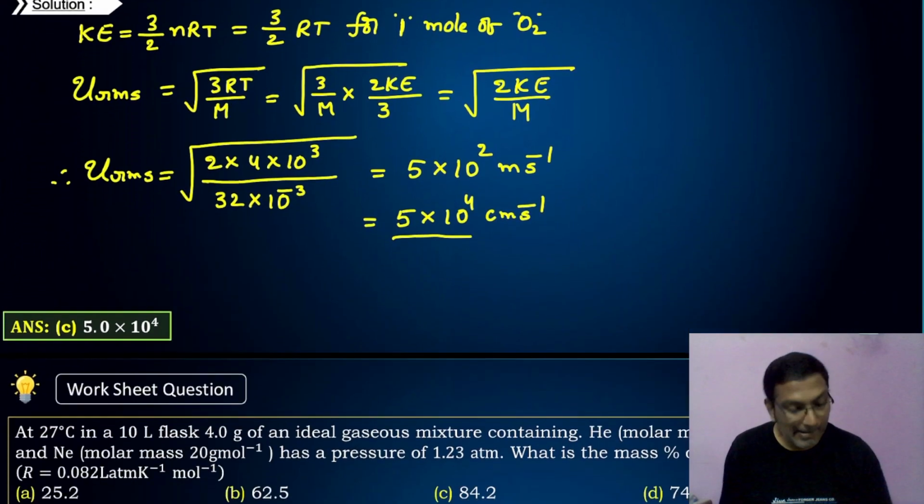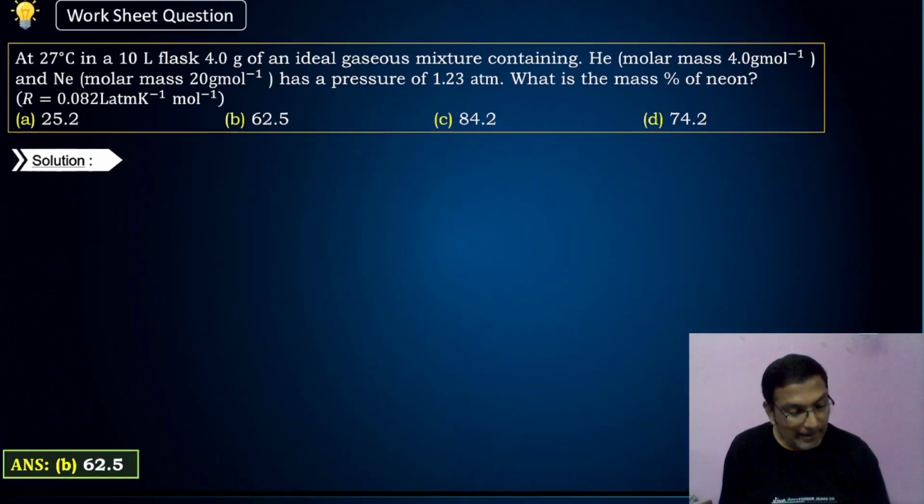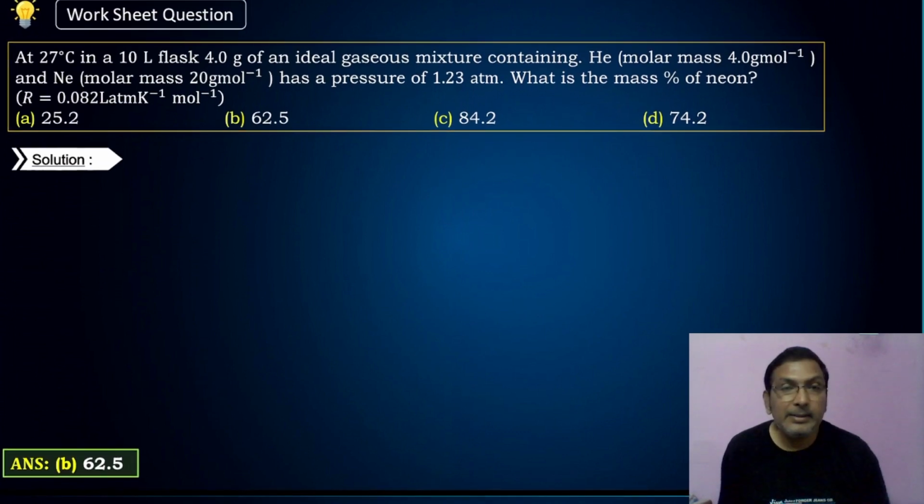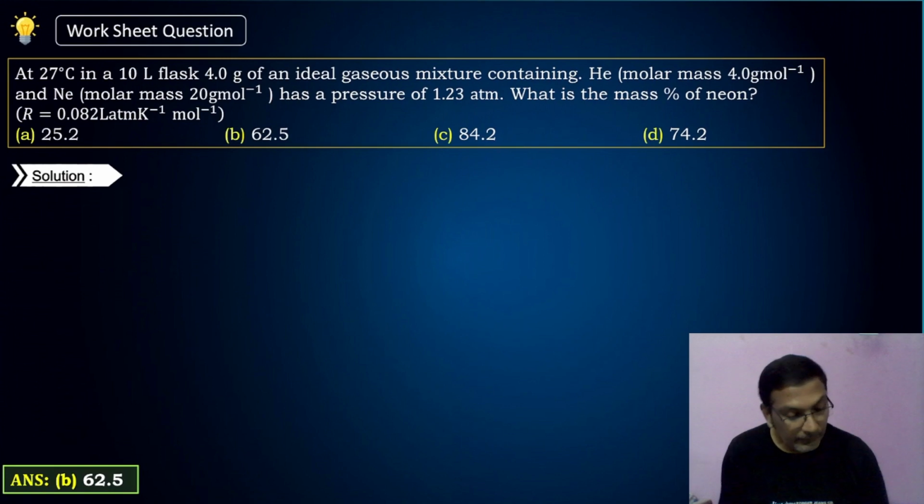Next one. At 27 degrees centigrade, 10 liters plus 4 grams of ideal gas mixture containing helium and neon. Helium molar mass 4, neon molar mass 20, has a pressure of 1.23 atmospheres. What is the mass percentage of neon?